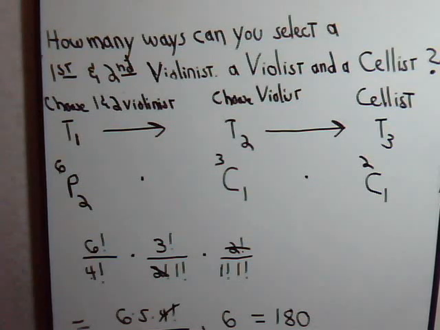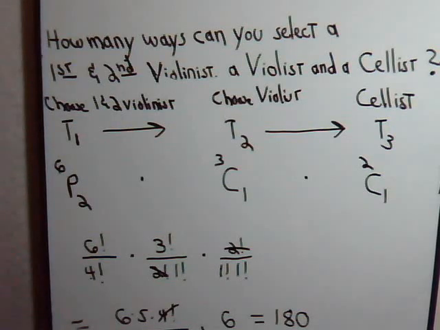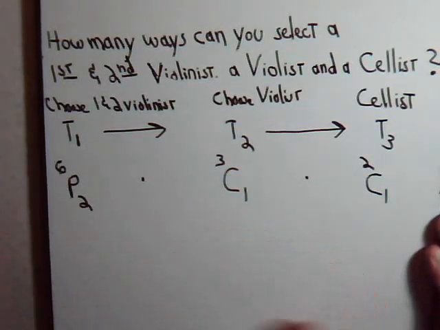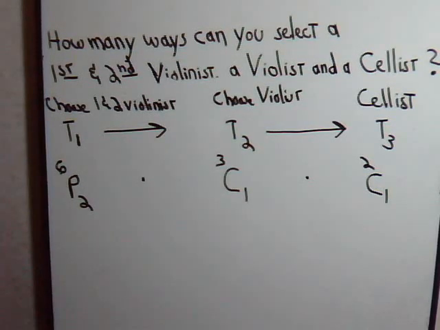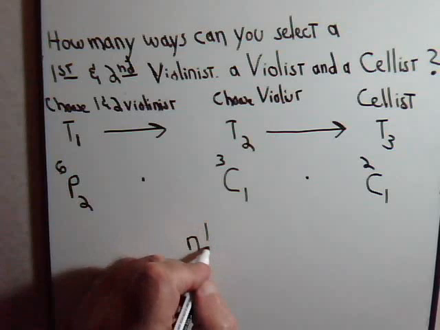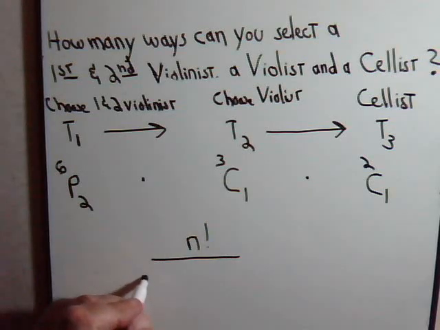Okay, that's it for this problem. Come back and join us in the next video. We're going to consider some more combination problems. We want to relate them back to when we were dealing with permutations that had repeats. Remember that if we have n objects, but not all of them are distinct, the number of ways that they can be permutated is this.